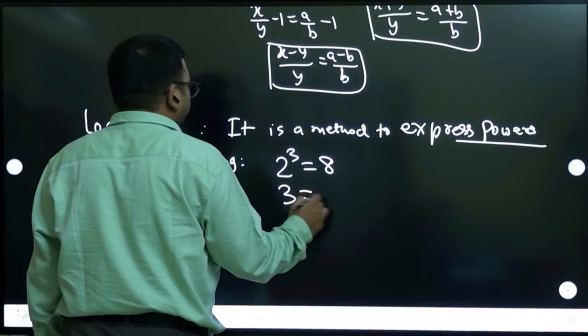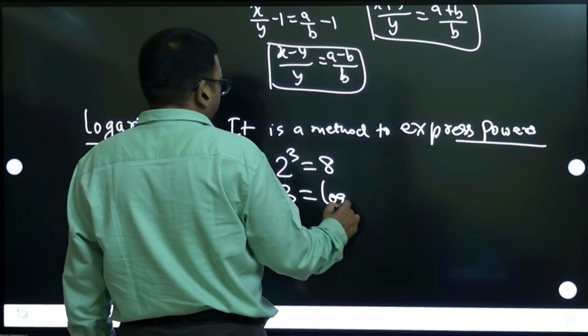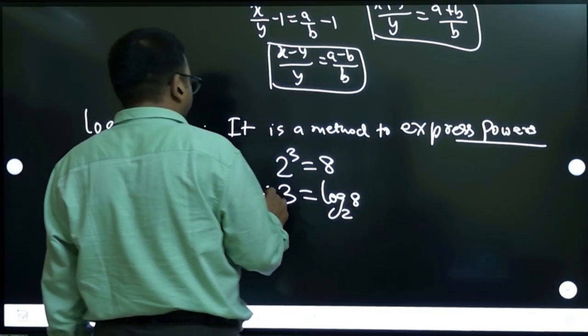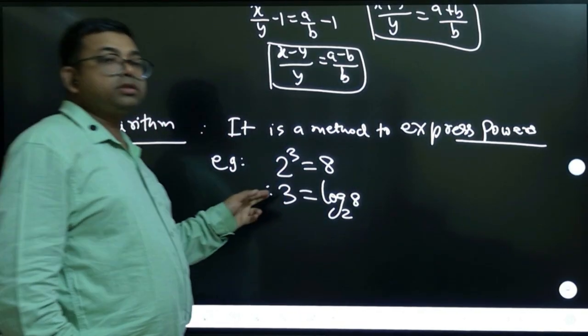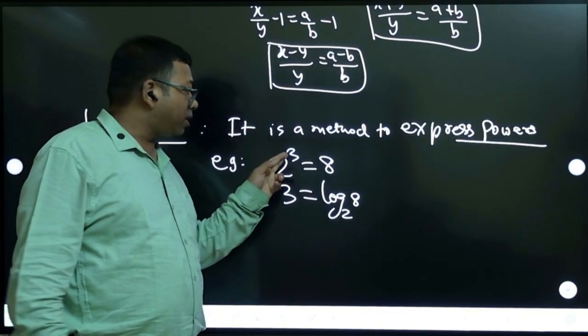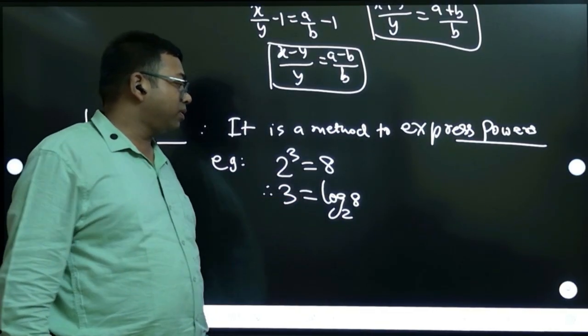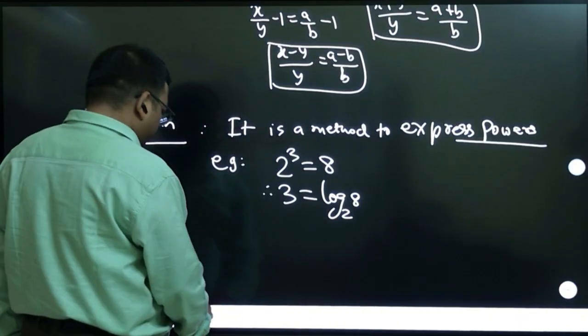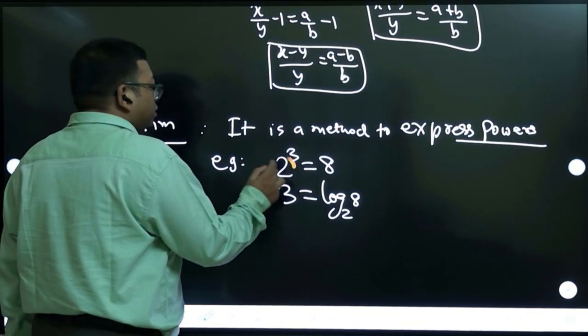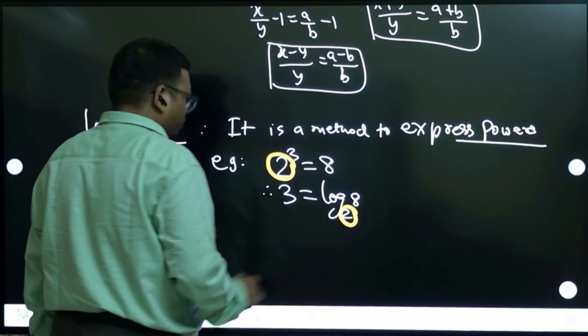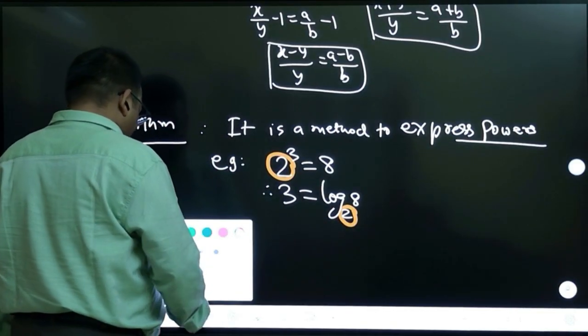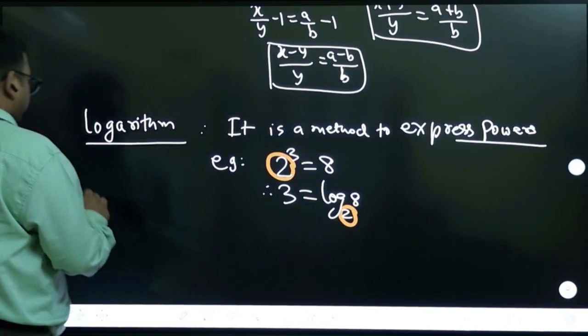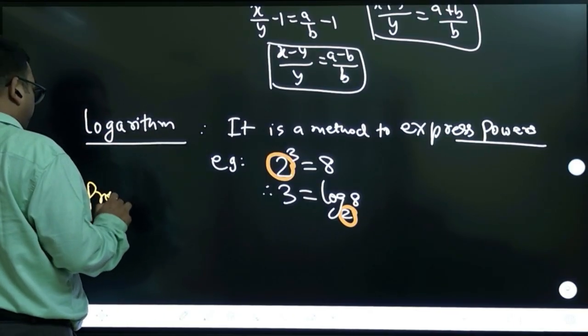So 3 can be written as log base 2 of 8. So it is a method of expressing the power 3 like this way. And this base, which is the base 2 here, this base 2 also comes here.